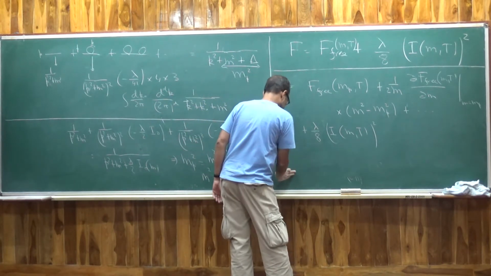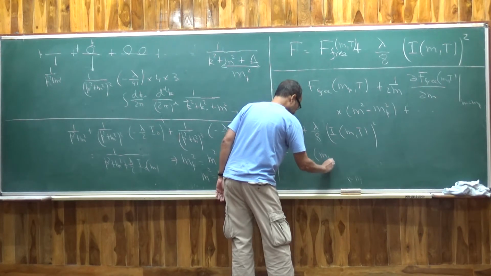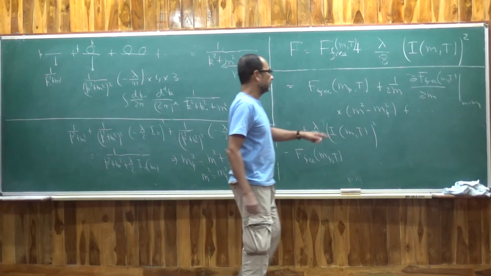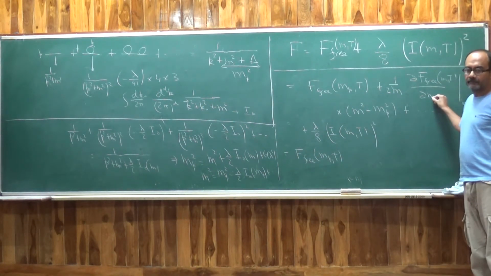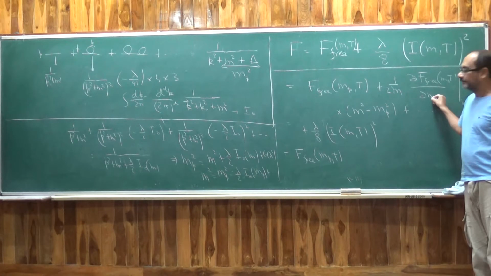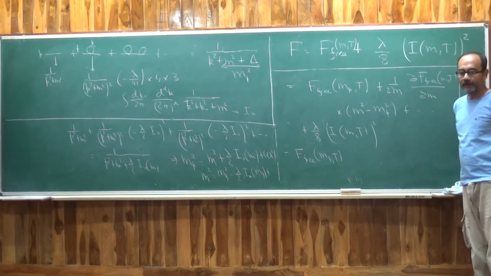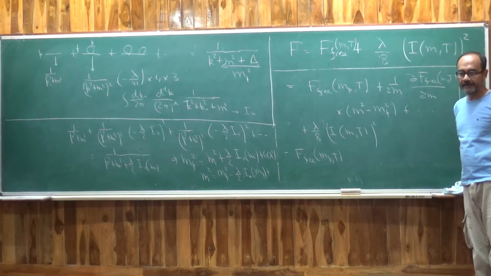So this is F free of MP, T, plus 1 over M del F free del M. That is something else. Remember what it is? I. That I was defined that way, right? 1 over M del F del M was I, right?